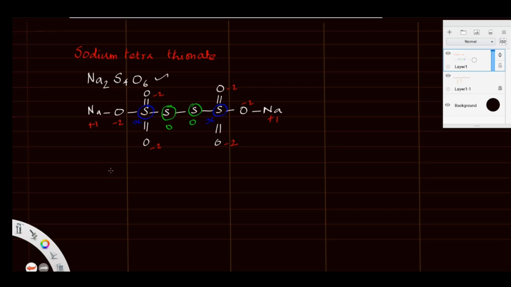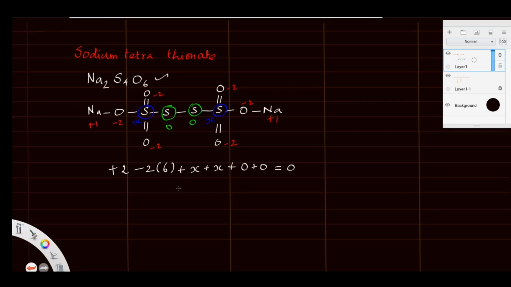So +2 is the oxidation state of 2 sodium and oxygen having -2. There are 6 oxygens, so -2 into 6 plus 2x plus 0 plus 0 is equal to 0.